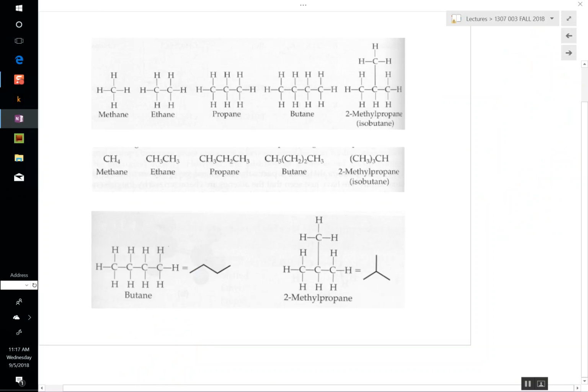We're now getting close to being able to start naming things. Methane, ethane, propane, butane. So there's the structural and condensed formulas. 2-methylpropane. Okay, I need to come back and talk about this.